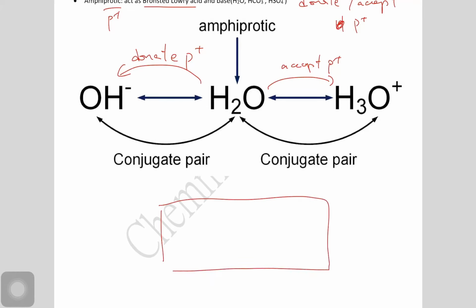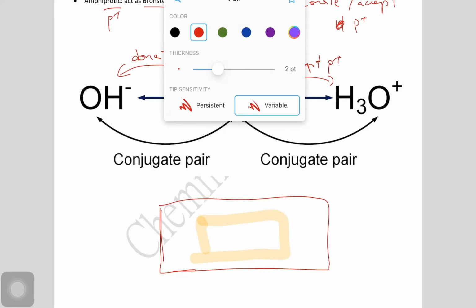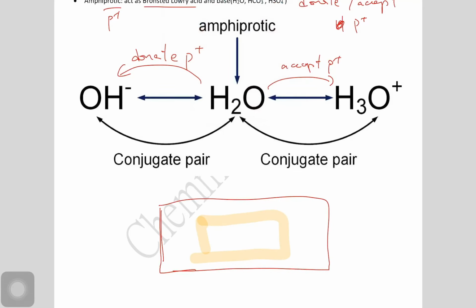So amphoteric is a really big circle, and inside this big circle, one variation is amphiprotic, which is specific to protons only. That's why anything amphiprotic must be amphoteric. But if something is amphoteric, like Al2O3, it is not necessarily amphiprotic.